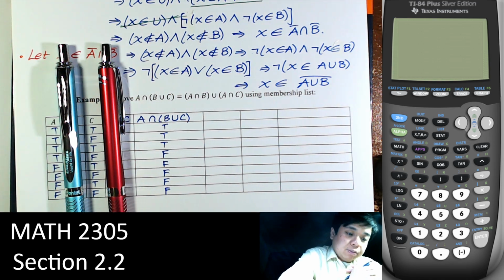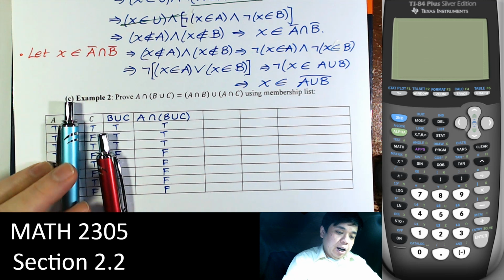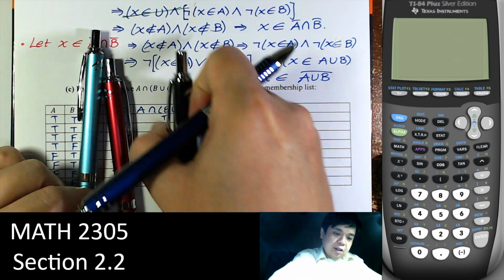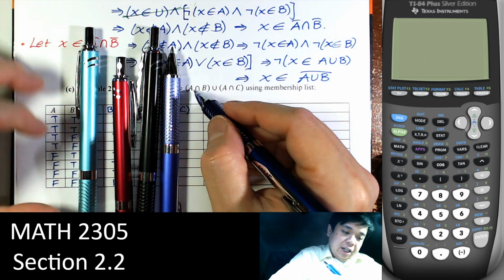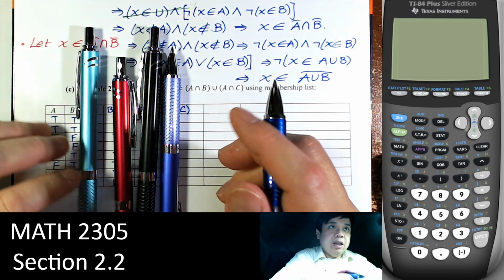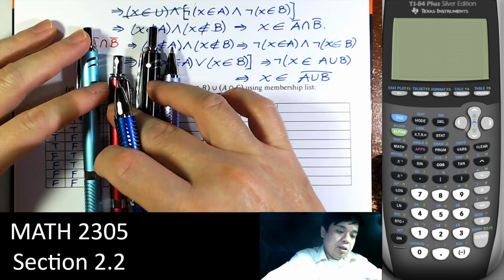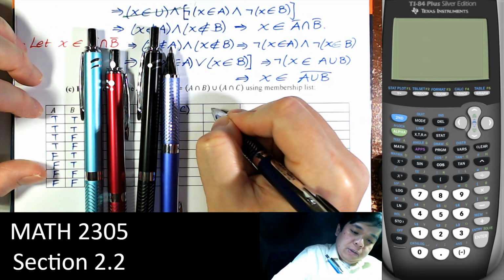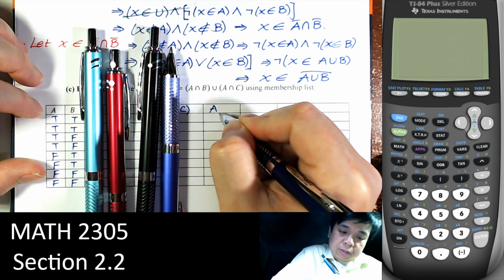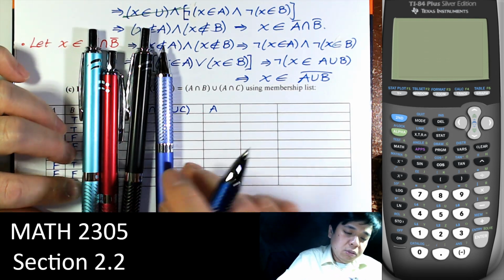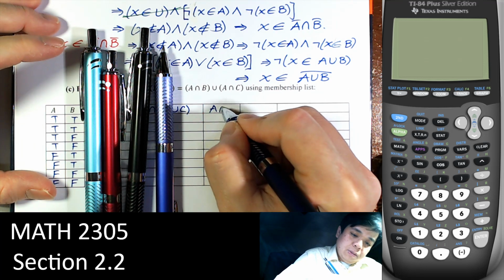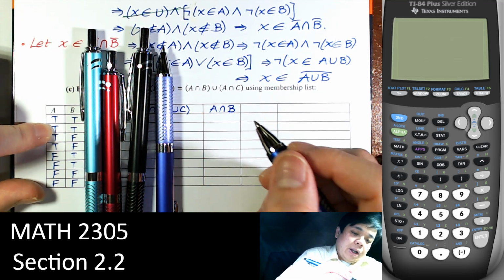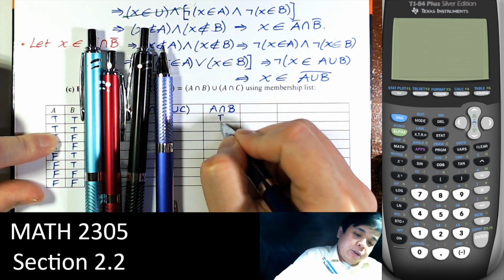Right. Now we do this. A intersect B. It's true when both are true.